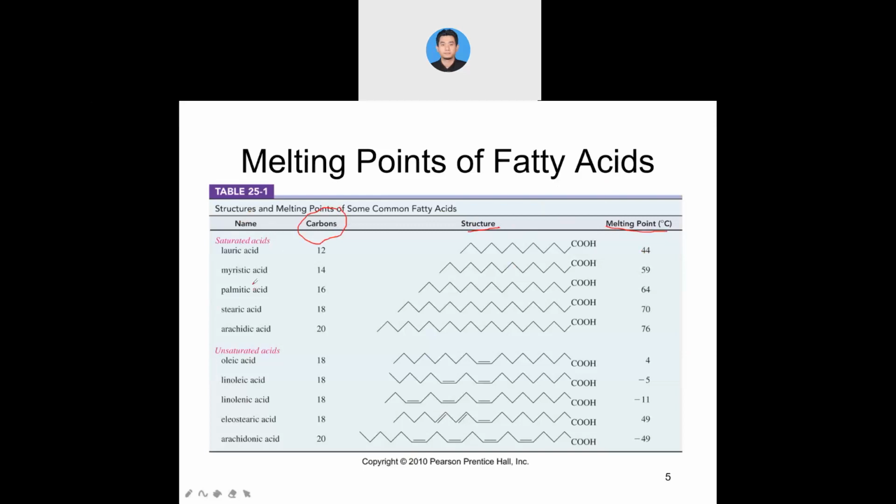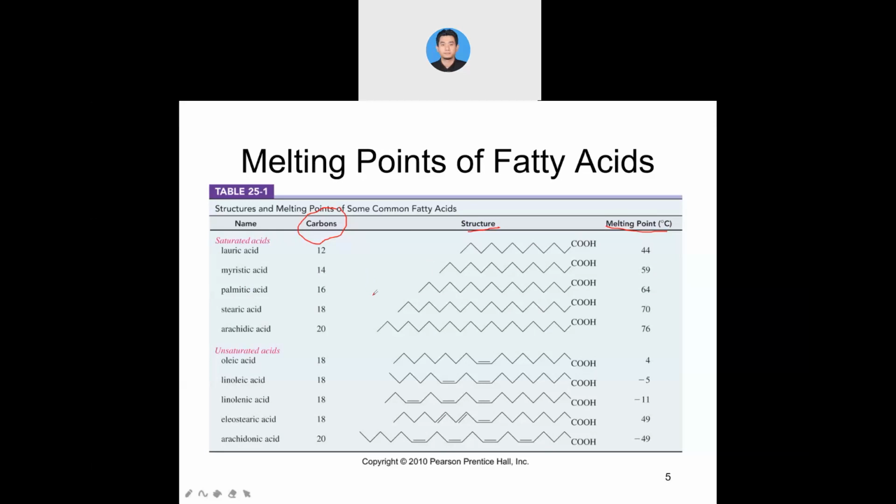For example, the simplest one is lauric acid. It has 12 carbons. This is the structure, containing only a carboxylic acid and carbon, and this one is saturated. Then myristic acid, 14 carbons, has a melting point higher than lauric acid. This logic is based on van der Waals forces.